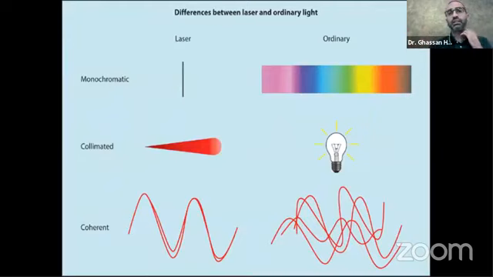First, laser is monochromatic, one color, but ordinary light is a mixture of the rainbow colors. Laser is collimated, concentrated to one point, but ordinary light goes in every direction. The waves of the laser are coherent, well-organized, but the ordinary light does not have well-organized waves.